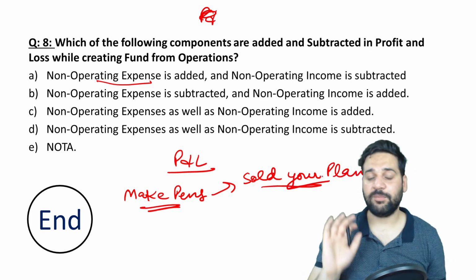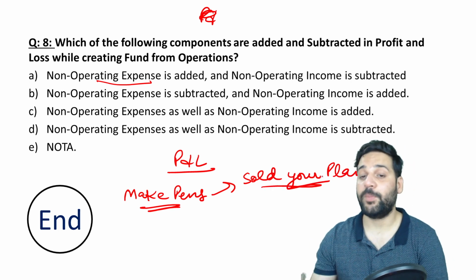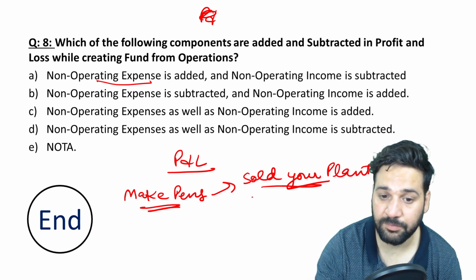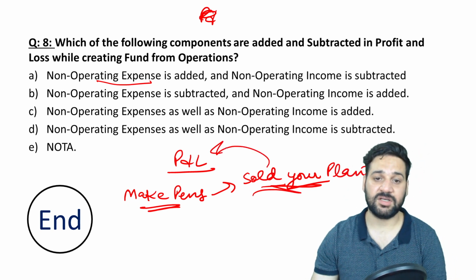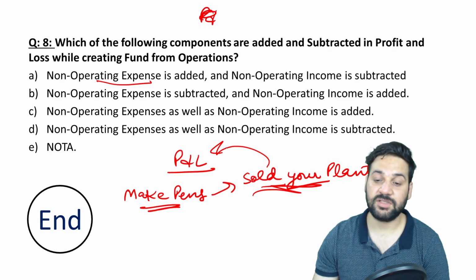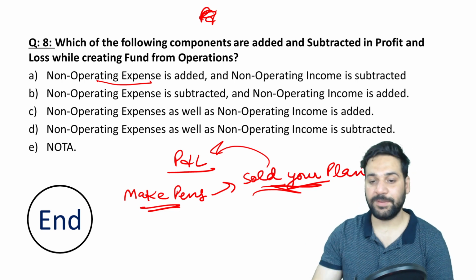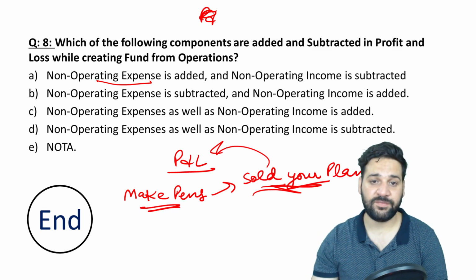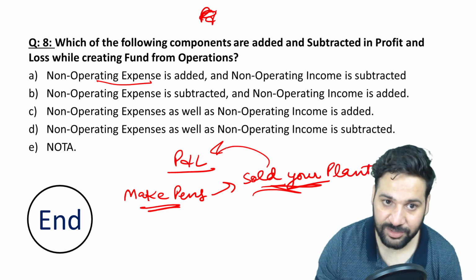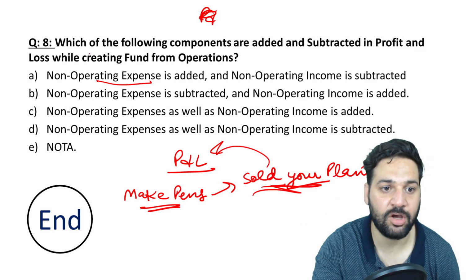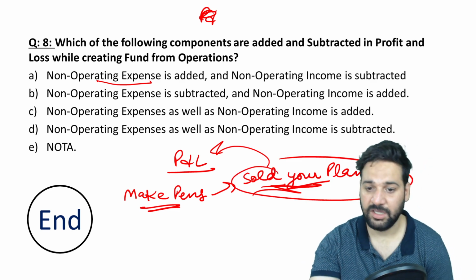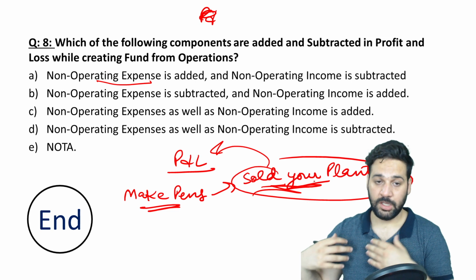This is not your business, this is not your operation. But that profit is added in the profit and loss account. So what I'm looking at is what your fund flow from operation is, excluding that. That is what funds from operation is. So this is a non-operating item. If you sold your plant, that is not your operation.